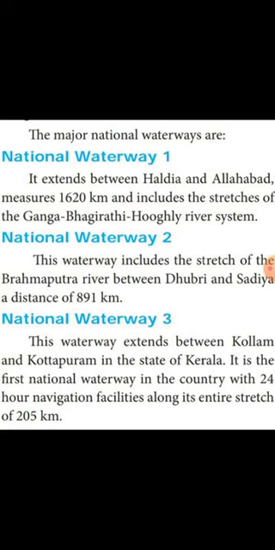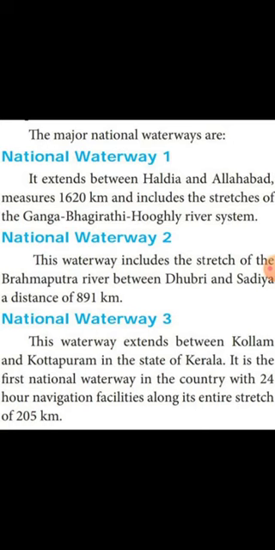Okay. Then the third one is National Waterway 3. This waterway extends between Kollam and Kottapuram in the state of Kerala.